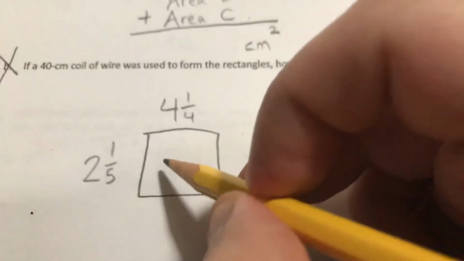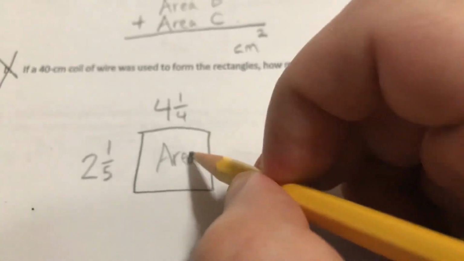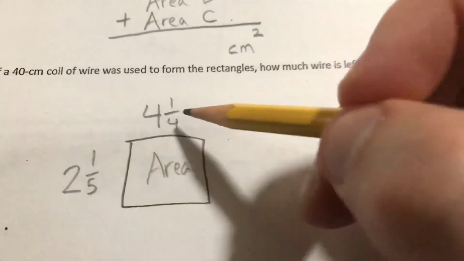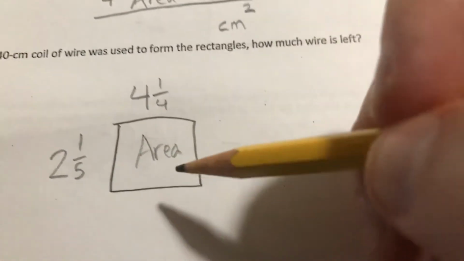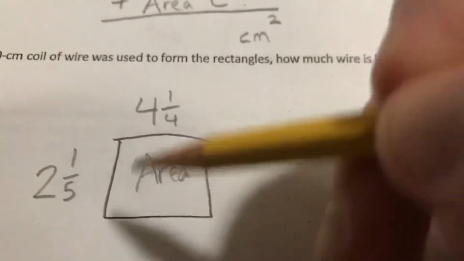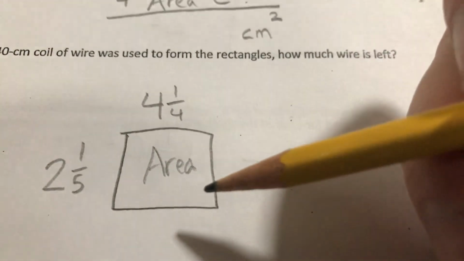Can you find the area of this rectangle? And yes, you can. You need to multiply those two numbers together. We've talked about many strategies, and when you do that, you will get your answer. And if it was in meters, then of course our answer would be in meters squared.